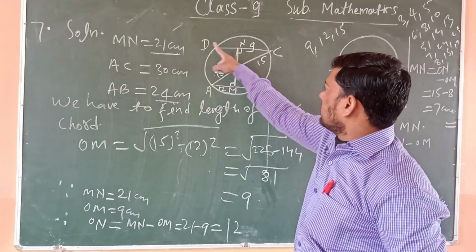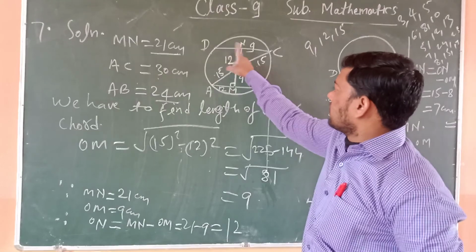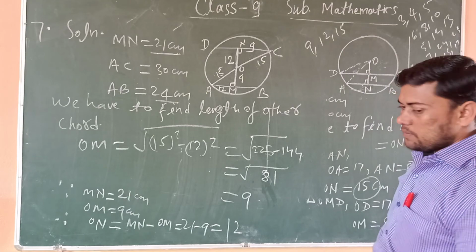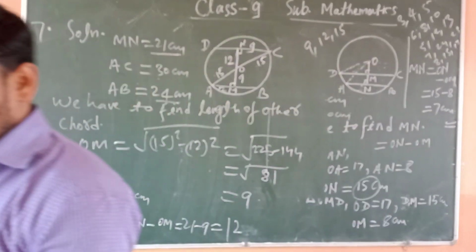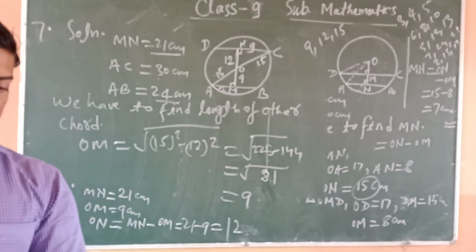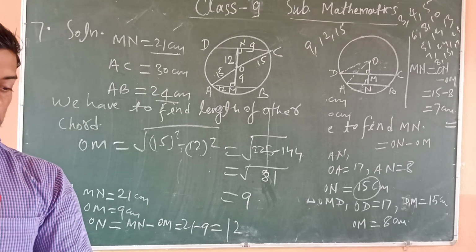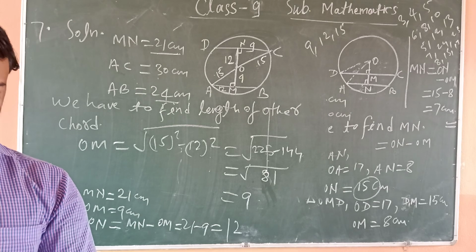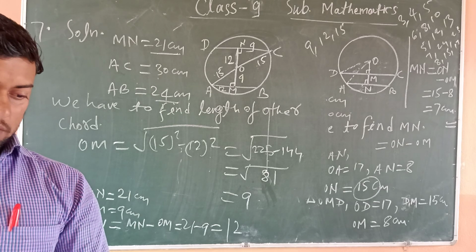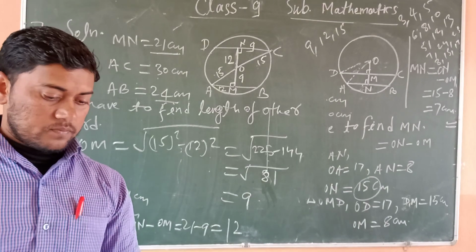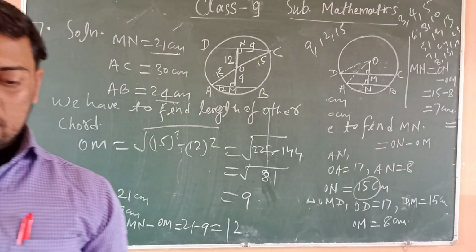The length of the other chord CD is 9 twos, 18. The length of the other chord is 18 centimeter. So now you can finish exercise 17A. Okay, thank you.